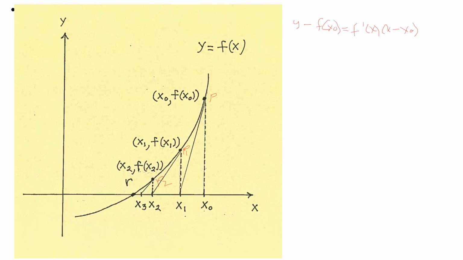When x sub 0 is near to the root r, the tangent line will intersect the x-axis.